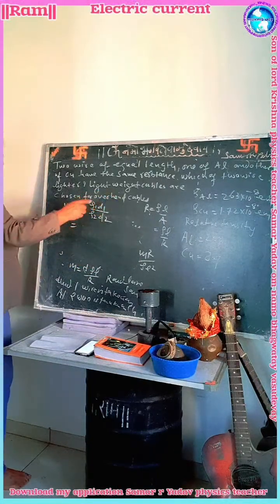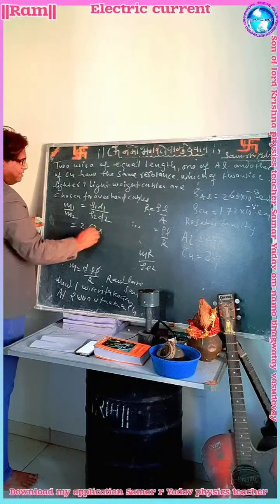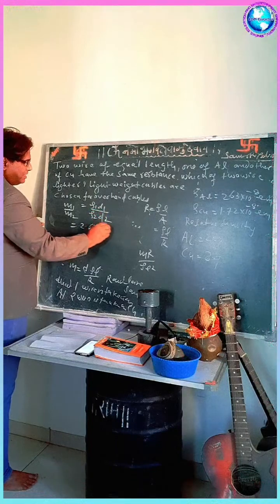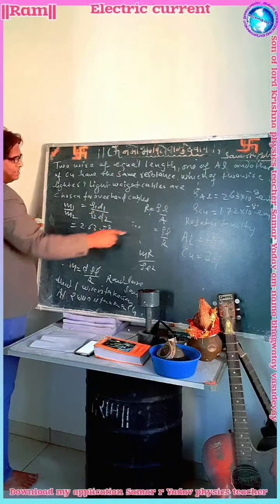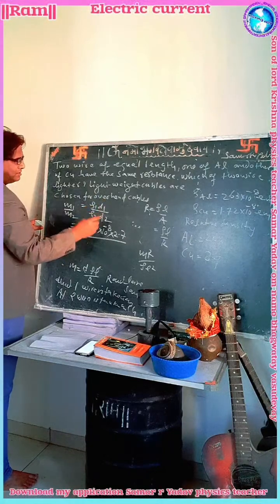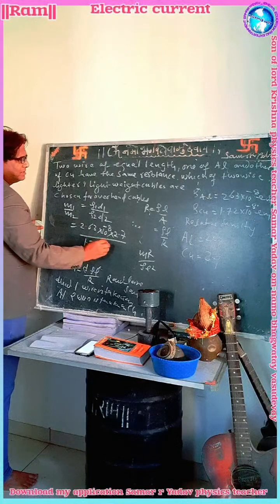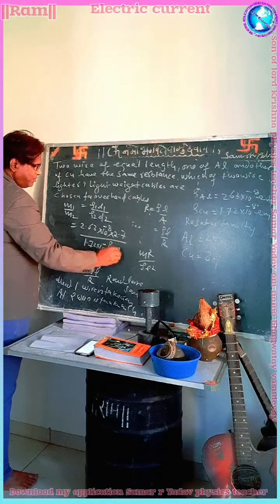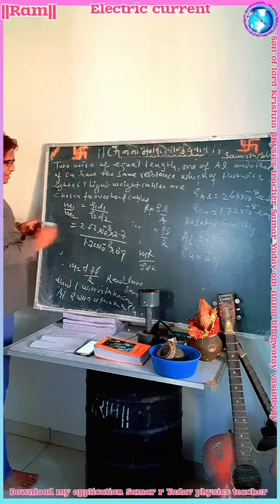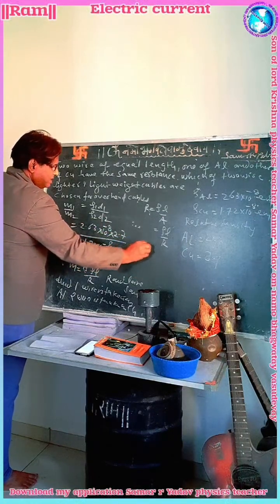That is for aluminum, so 2.63 × 10^-8 into 2.7, divided by copper, that is 1.72 × 10^-8 into 8.9. Simplifying, we get 0.4638.